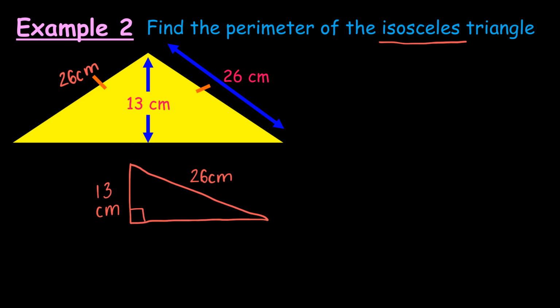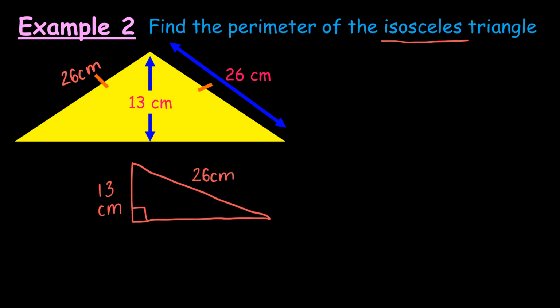And what we have to do is find this bottom part, which will tell us the distance from here over to here. So first of all, I'm going to label the sides. I'm going to label the hypotenuse C, the side that we're trying to find A, and 13 centimetres as B.